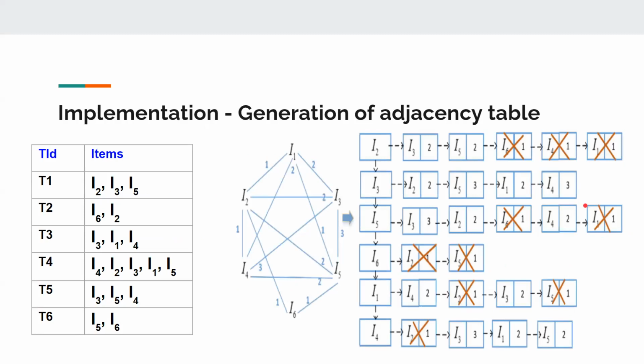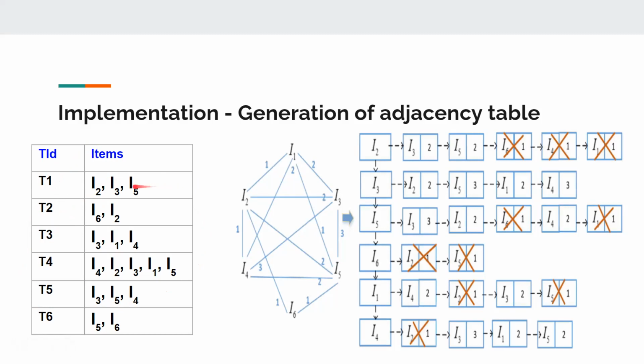Then implementation. For this, first we have to read a database with a transaction table. Let us consider this transaction database, which has transaction IDs and the item sets. Once the database is read, a complete graph can be formed by considering each item set that is related to each other.